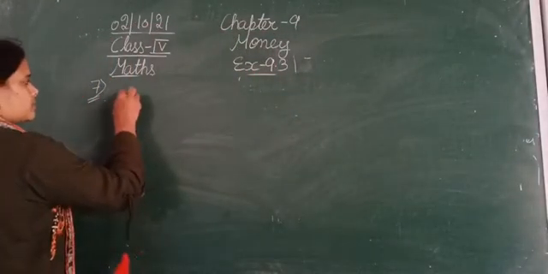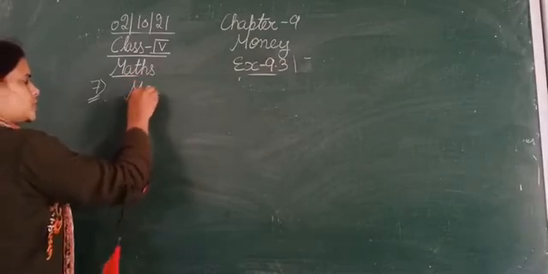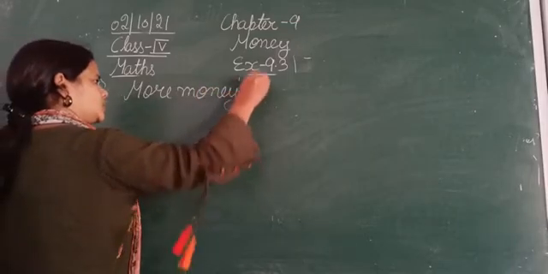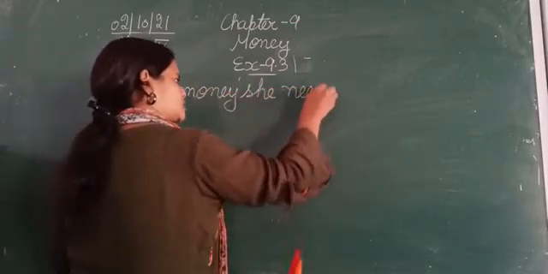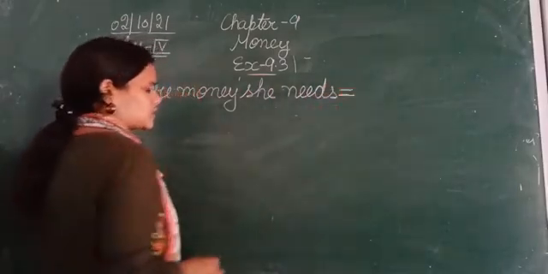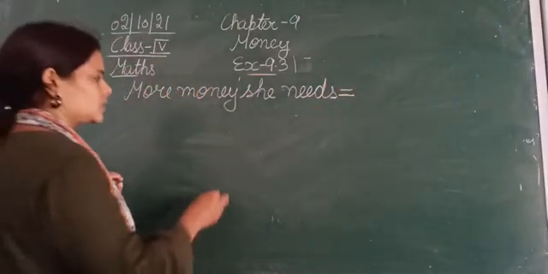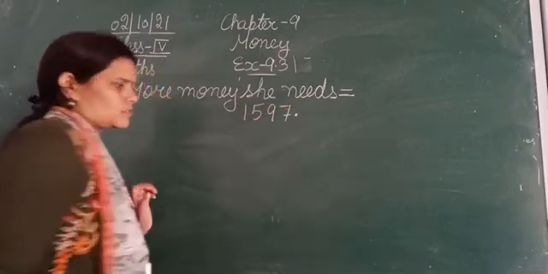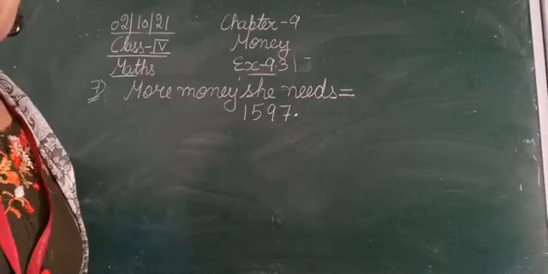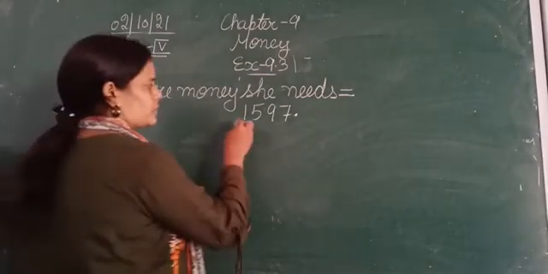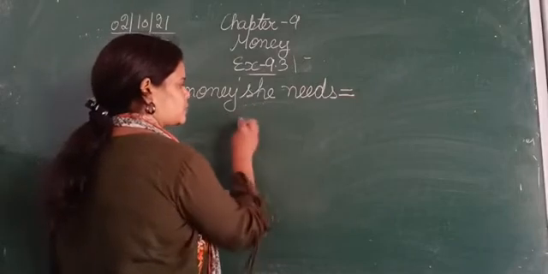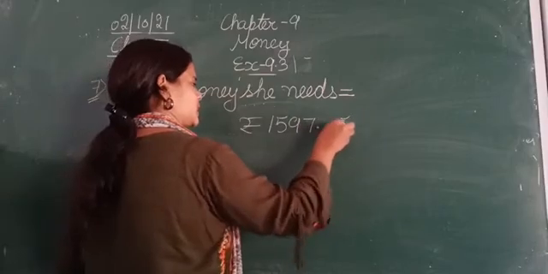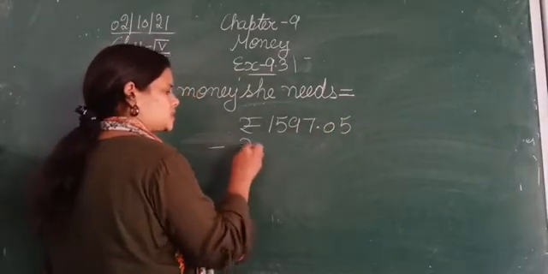So now, how much more money she needs. The total amount of the bill was 1597 rupees and 5 paisa, and the money she is having with her is 1000 rupees only.